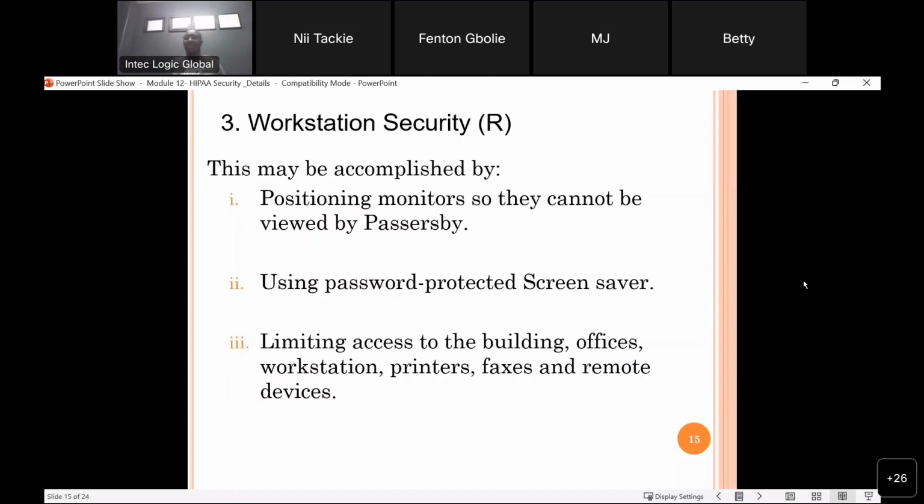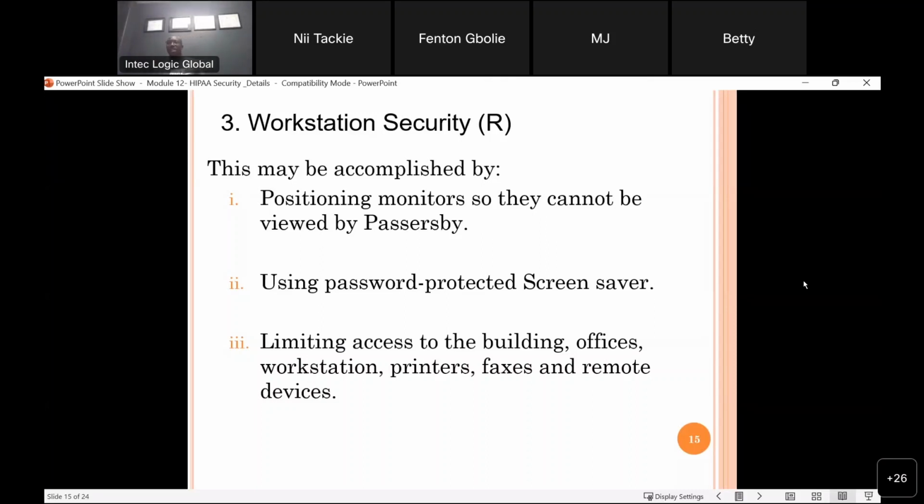Good. Using password protected screensavers. Your screen must have a screensaver. When you walk away and you log off, when you come back, it should require you to log in again. Limiting access to the building, offices, workstation, printers, fax machines, remote devices is very, very important. Fax machines, especially, right?